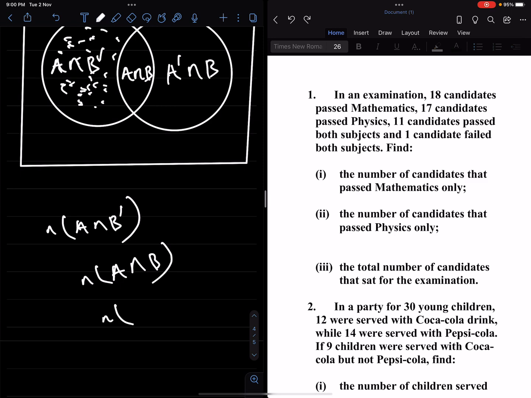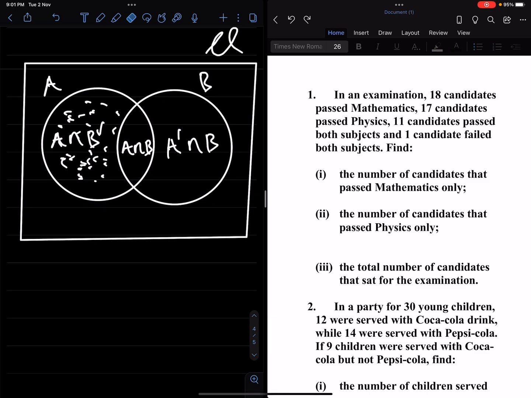And if I write N of A complement intersection B, that means the number of elements in the set A complement intersection B, which means the number of students who like only English, or you can say the number of students who like English but not mathematics. So that's what all of that means.